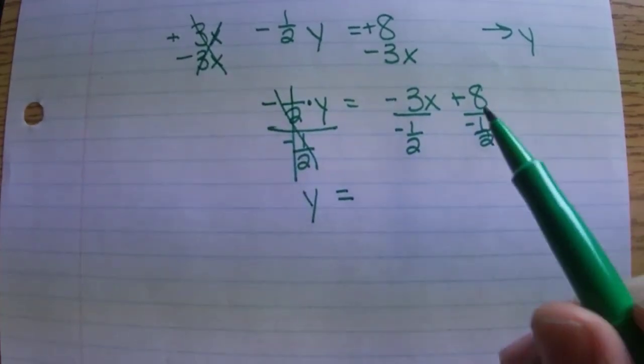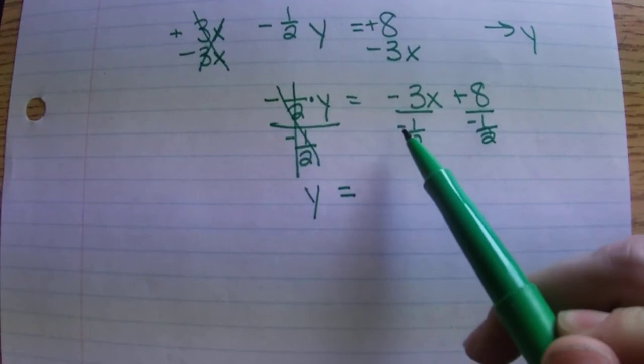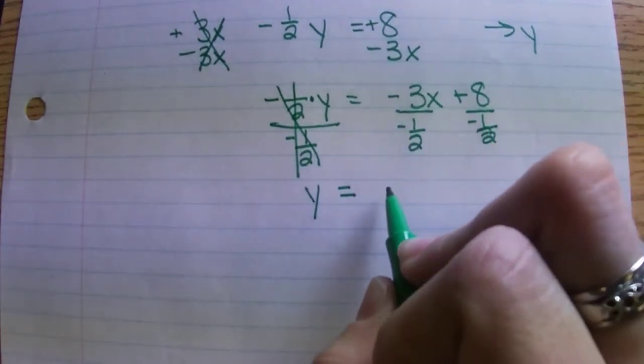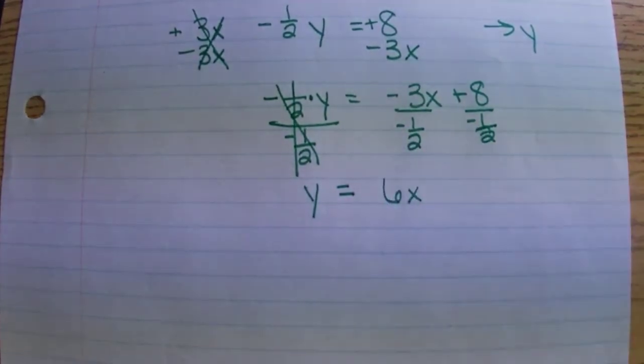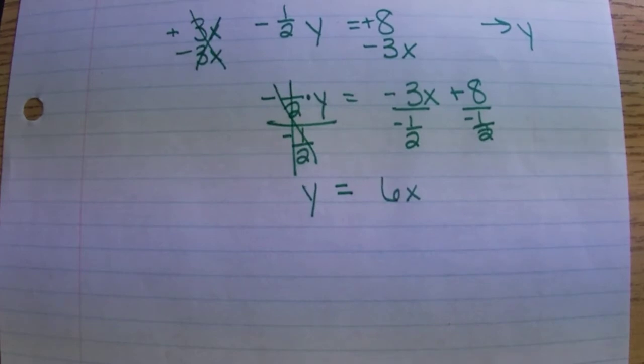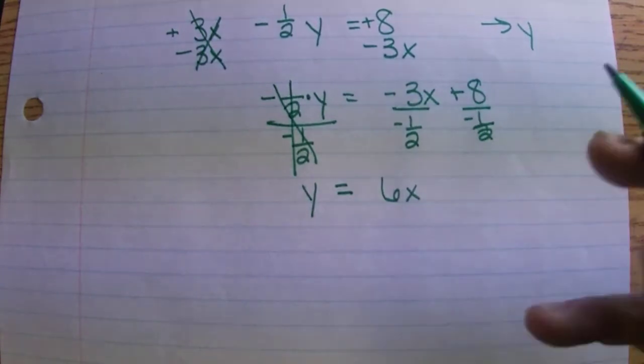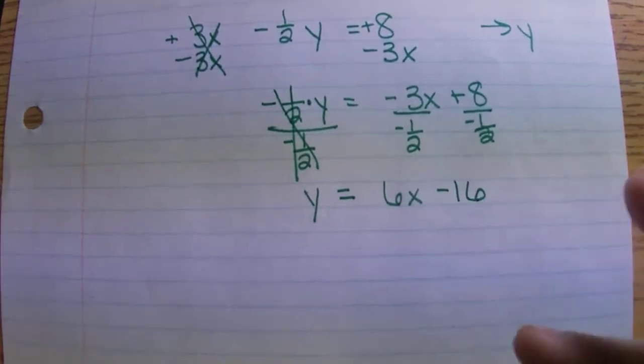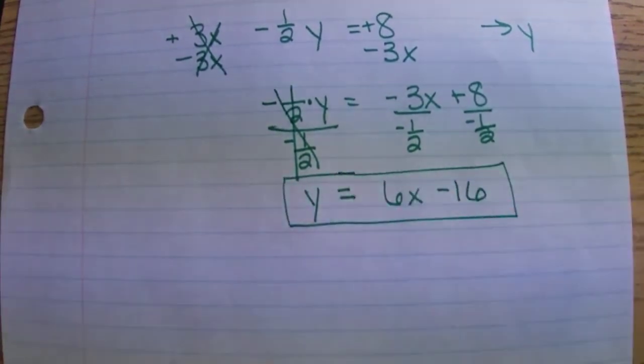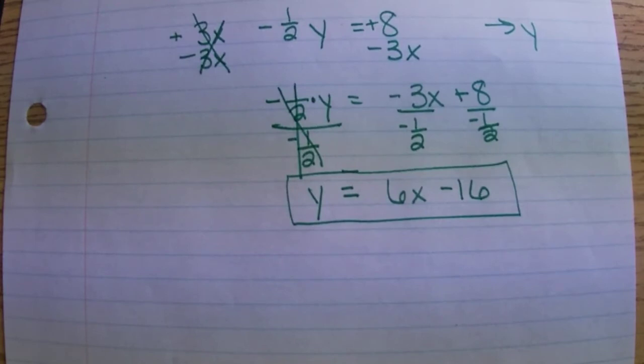Now be careful here with your math. Negative 3 divided by negative 1/2 gives us a positive 6x, right? Dividing by 1/2 is the same thing as multiplying by 2. And a positive 8 divided by a negative 1/2 is a negative 16. And so we will get y equals 6x minus 16.